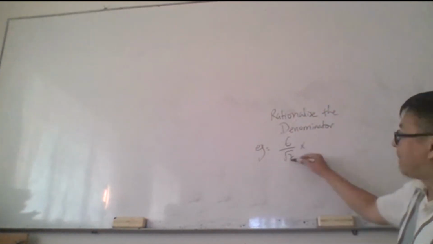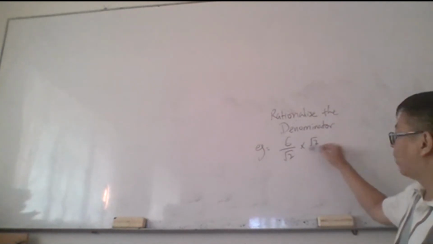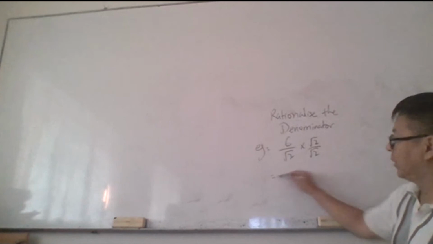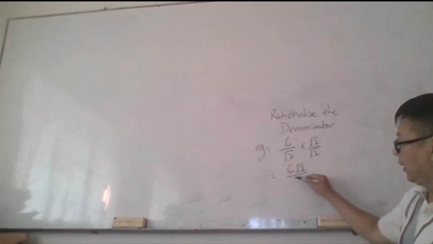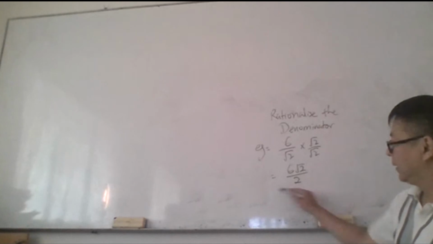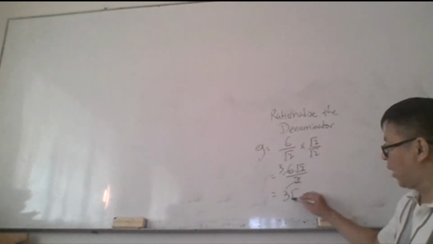So how? We just multiply by the same irrational value. So 6 times square root of 2 up there. Square root of 2 times square root of 2 becomes 2 already. Then you cancel, and you get 3 square root of 2.